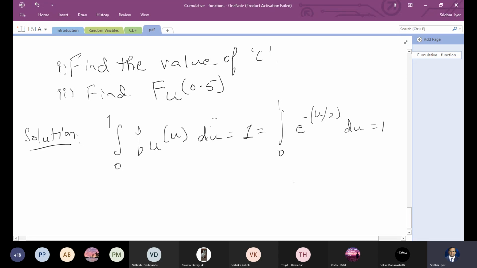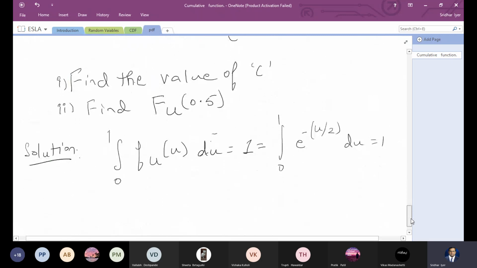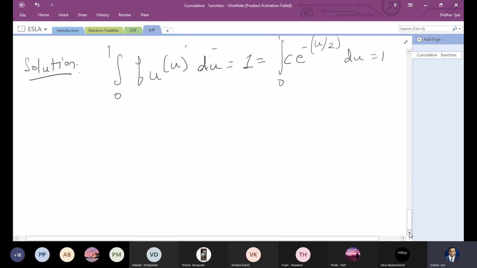Right? One second. I think it is c e raised to. Okay, so there should be a c somewhere. c e raised to minus u by 2, integral between 0 to 1 should have a value of 1. Right? So in the next step, I'm going to take c outside the integral.